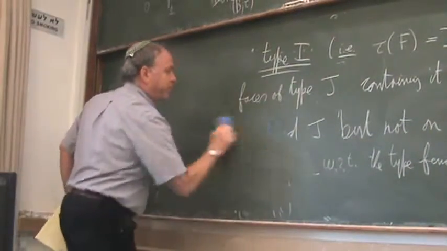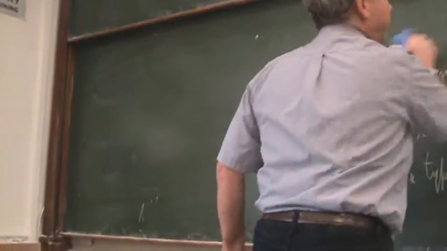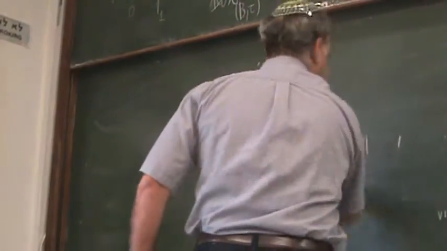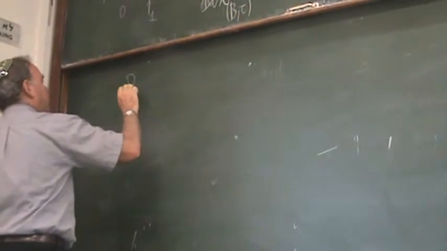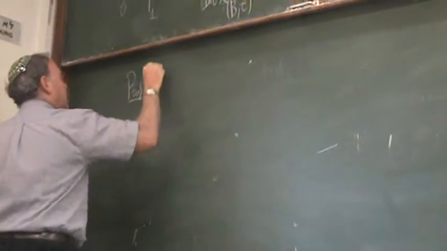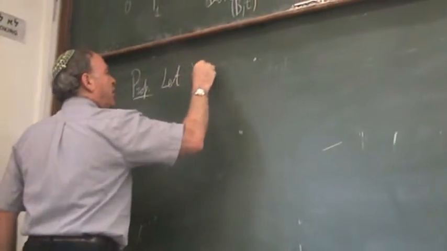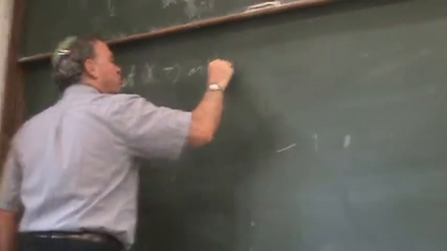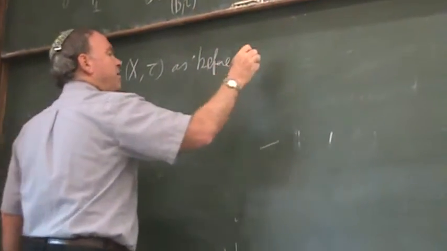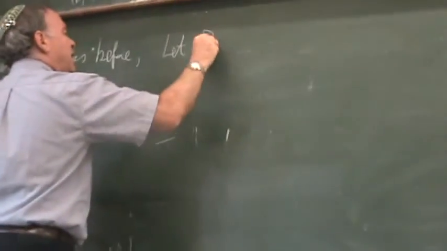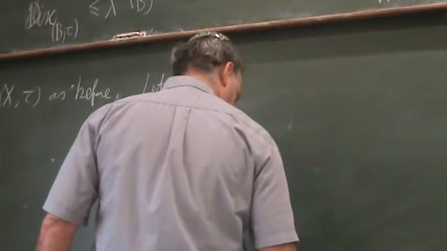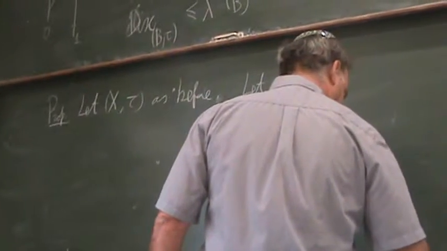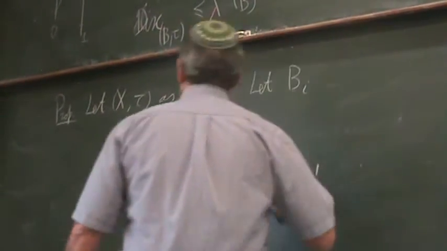And then I will do the following. Proposition. Well, okay. Let X tau be as before, with all the good assumptions, pure, regular, etc. Let me define something first.